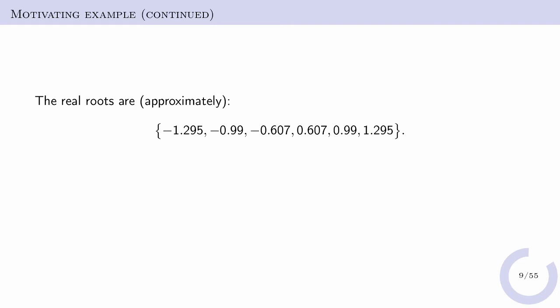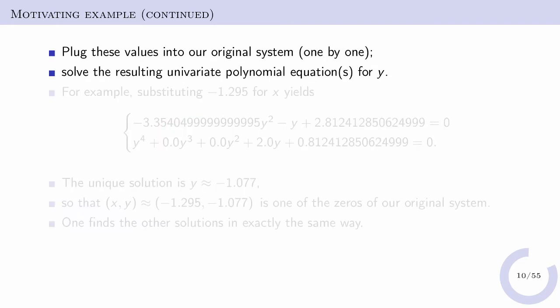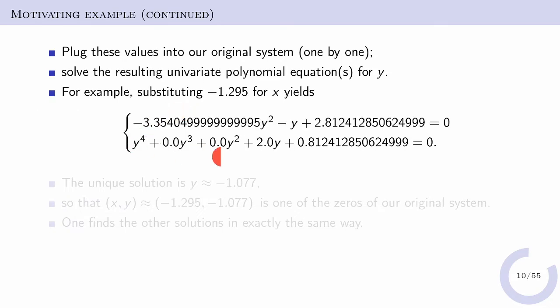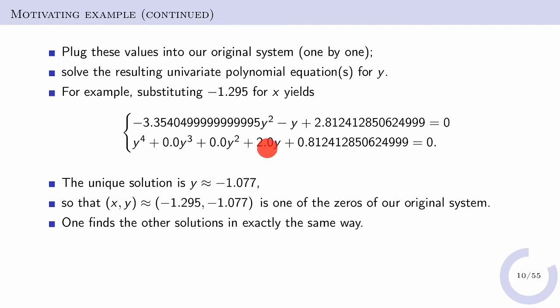For example, if we take minus 1.295 and we substitute this for x in our original system, we will get these two equations. These two equations have just a single solution in y. As you can see, they no longer depend on x, because for x we have substituted the value.